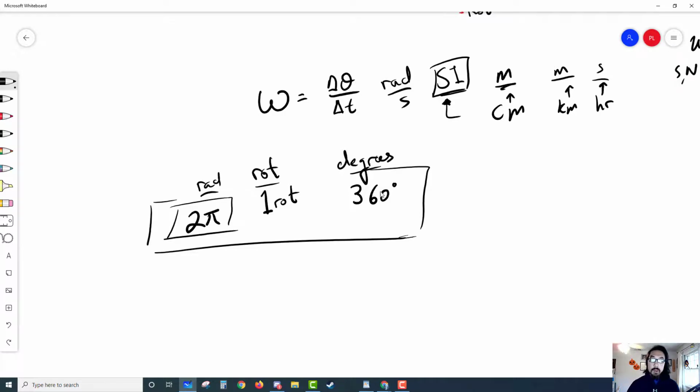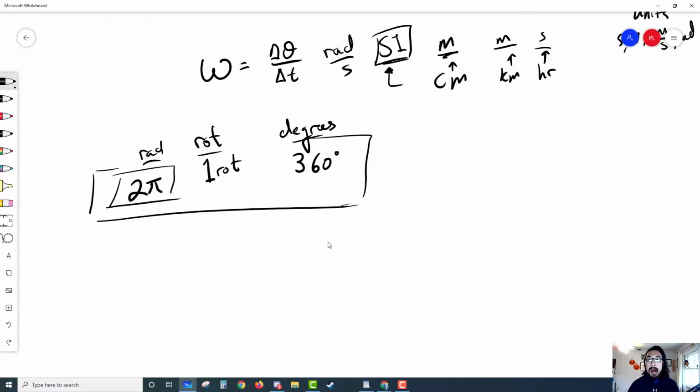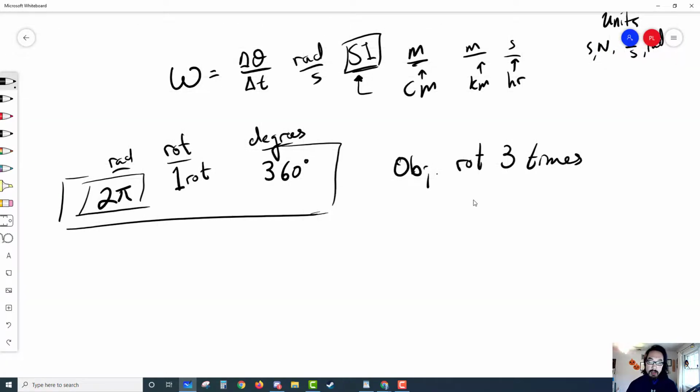Let me show you how to do that. If a problem says an object rotated, let's say, 3 times, we have an object that rotates 3 times, and we want to go from 3 rotations to radians. This is how you do it.